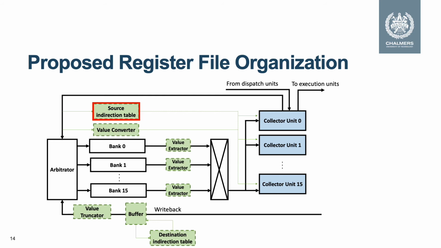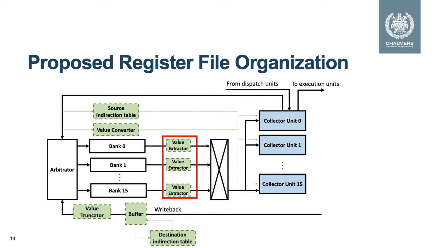The location of the operand is fetched to the collector unit, which sends a request for that location to the arbitrator and register file. Then, a value extractor extracts the data from the slices and puts the slices together into a full value again. And this value is then returned to the collector unit.